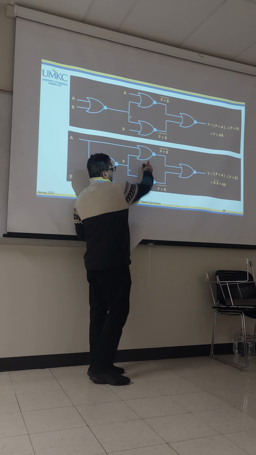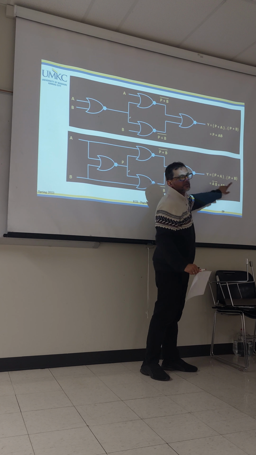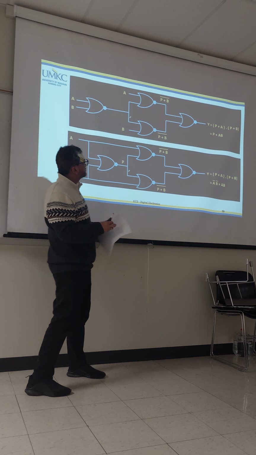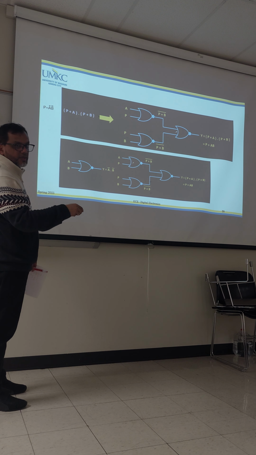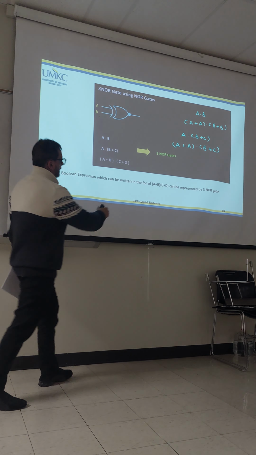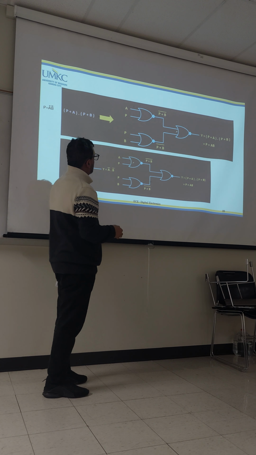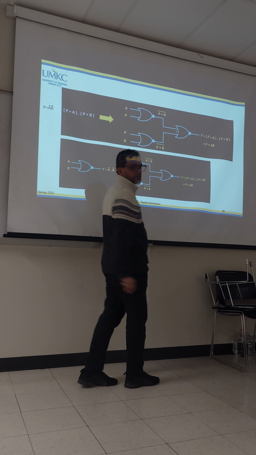Then if you go here, it will be P plus AB. So it will give you A bar B bar plus AB. So for this, (P plus A) into (P plus B), for this kind of expression, we need three NOR gates. So at first we implement these three NOR gates. We already have (P plus A) into (P plus B).